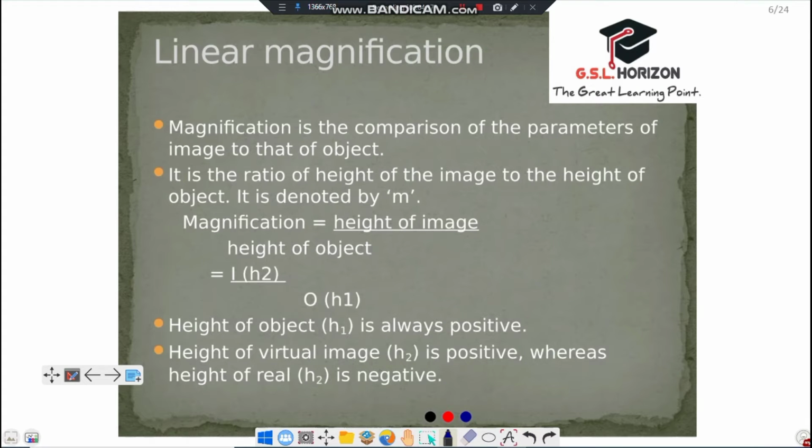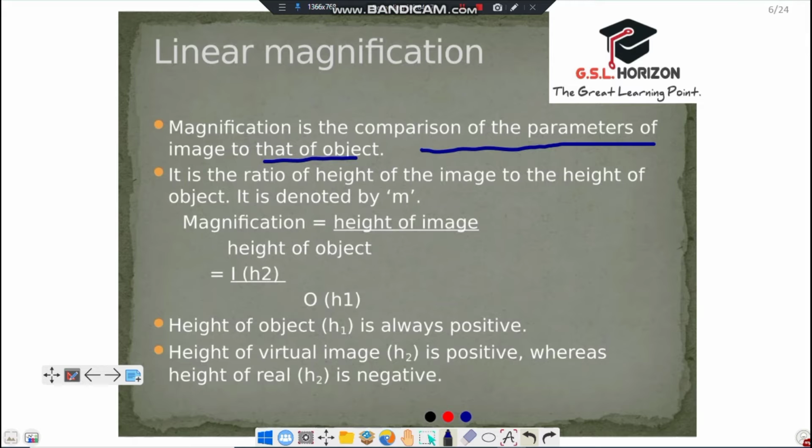Guys, come to the next one, linear magnification. Magnification is the comparison of the parameters of the image to that of the object.